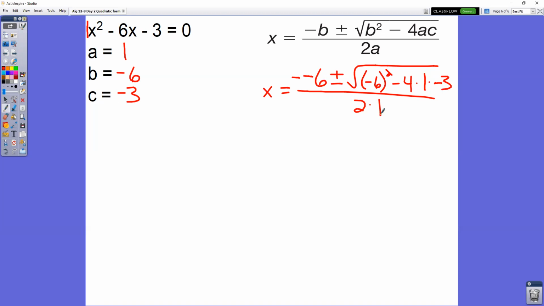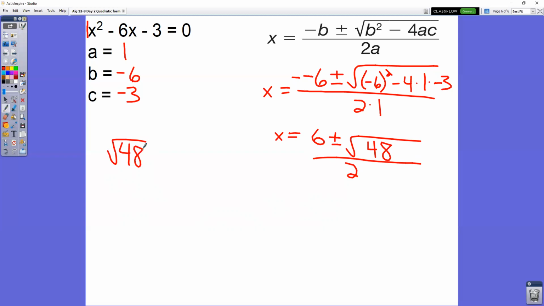So negative of -6 is positive 6, plus or minus the square root. When you go to type that into the calculator, you get 48 over 2. 48 can be simplified. Now, most people probably wouldn't think of the actual easiest root to it being 16 times 3. Cross off the 16, bring out the 4. So this simplifies to 4 radical 3.